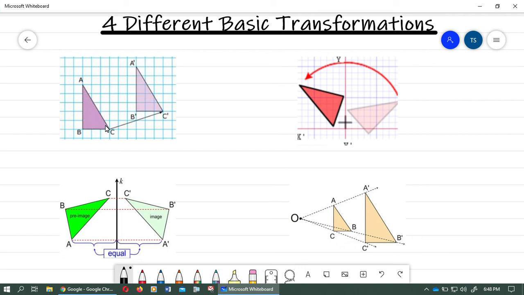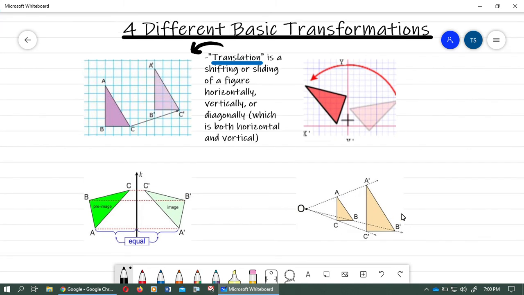Now, sliding is not necessarily a wrong name, but it is not a formal mathematic name for this type of transformation. The formal mathematic name for when an object slides is called a translation. So this is a translation, and it is this figure sliding, but it's called a translation.